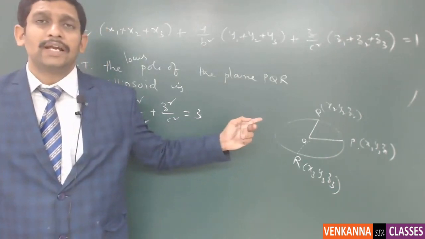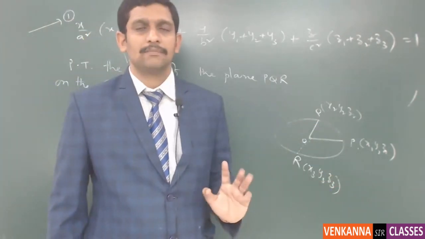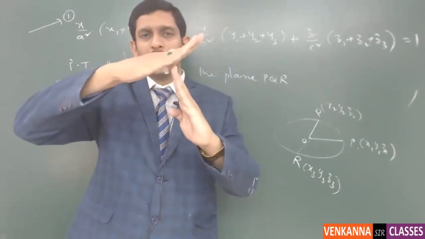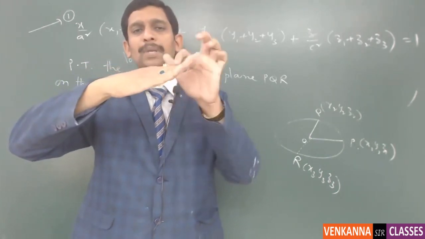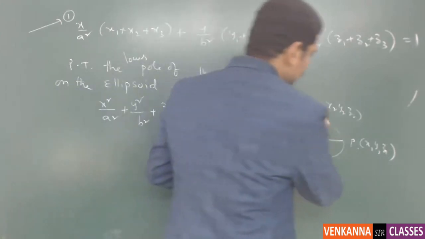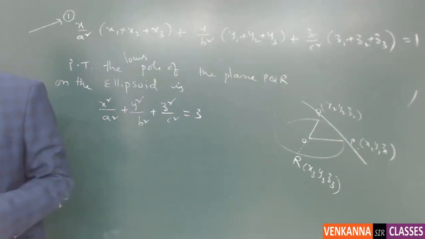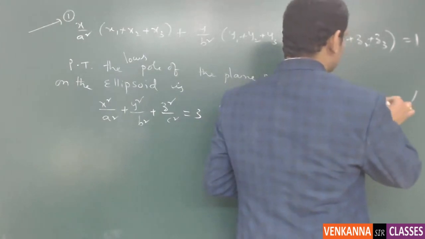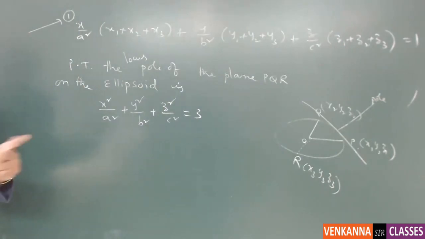So if you have taken the ellipsoid having 3 conjugate semi-diameters, and I am considering a plane on the ellipsoid, so that on this plane the 3 points are there, P, Q, R. So this is the plane having the 3 points P, Q, R. Now I want to consider the pole of it. I think you know what is meant by pole. I hope so. Right.